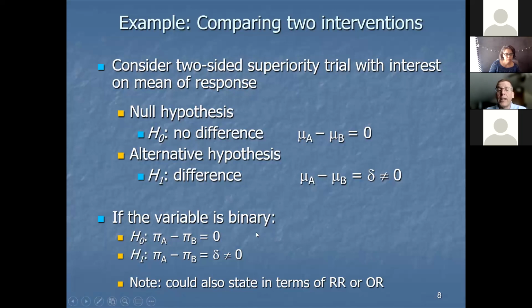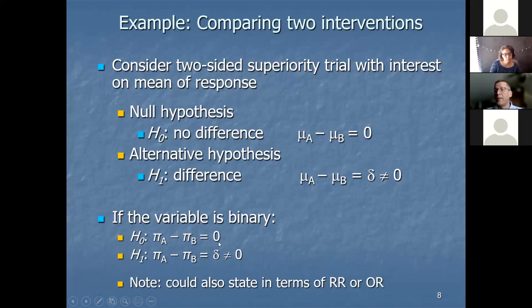Alternatively, if I don't have a continuous variable that can be represented through the mean, I might instead have a dichotomous, or binary, outcome variable that I'm interested in characterizing through the proportion, and that's what the pi's would be. So again, I can specify this in terms of a difference in proportions.